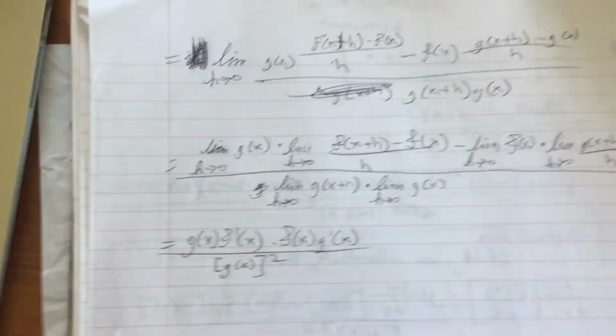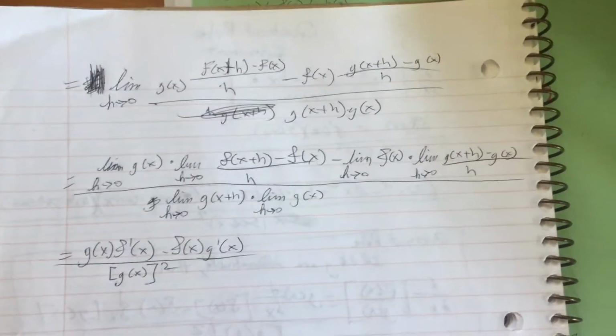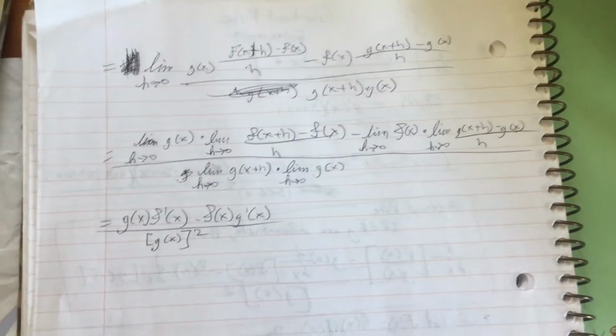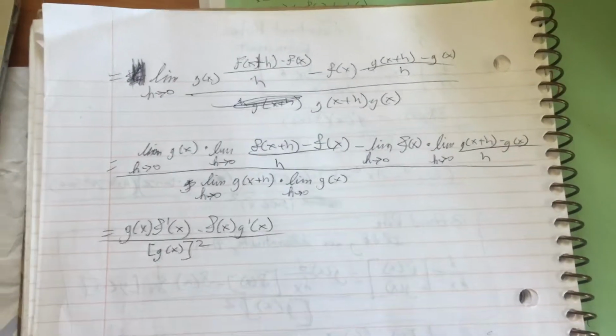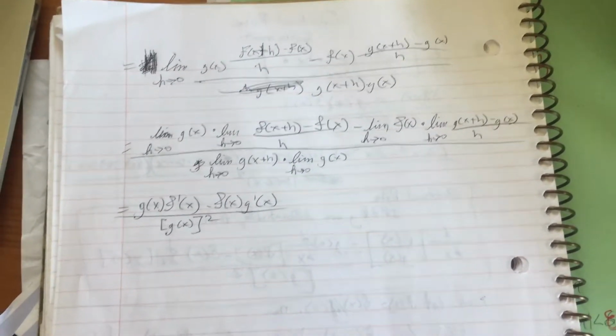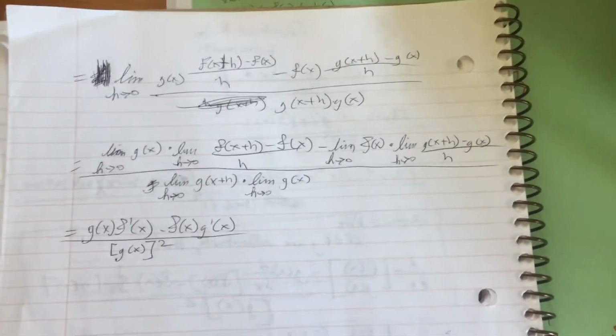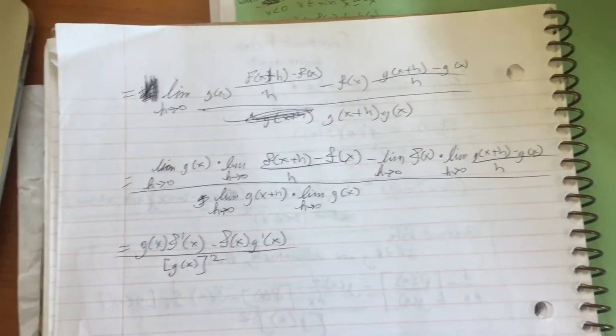And then continuing on, we have the limit of g of x times f of x plus h minus f of x all over h, minus f of x times g of x plus h minus g of x all over h, and all that all over g of x plus h times g of x as h approaches 0.